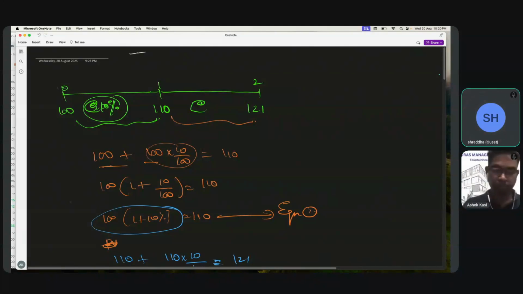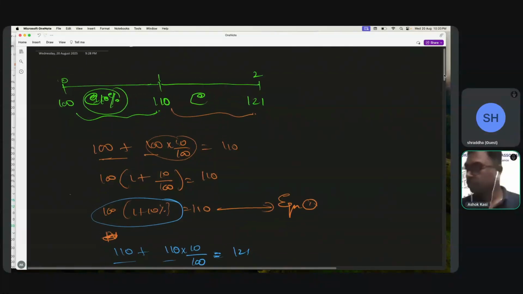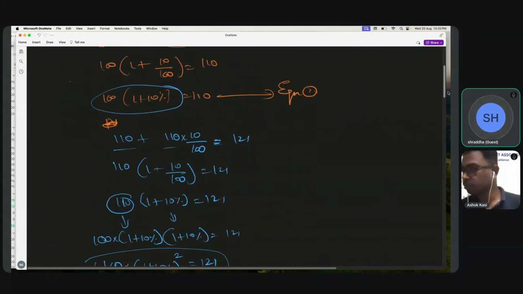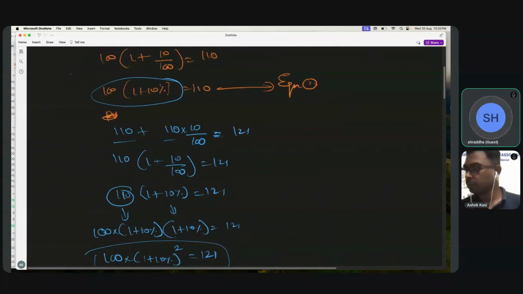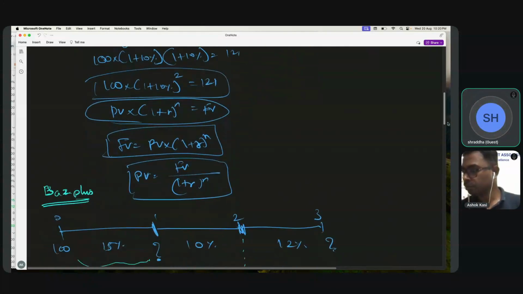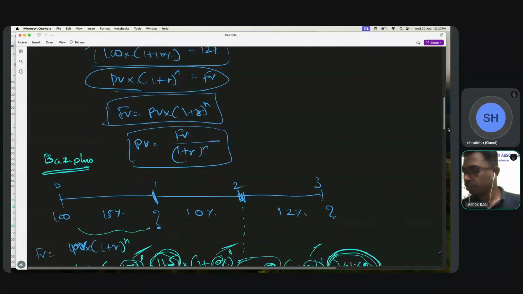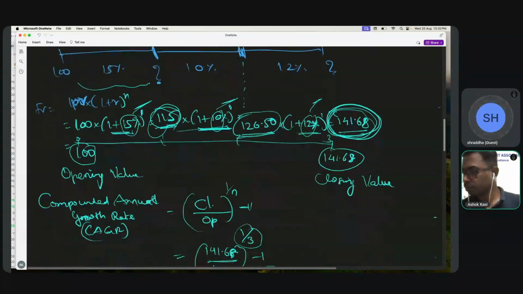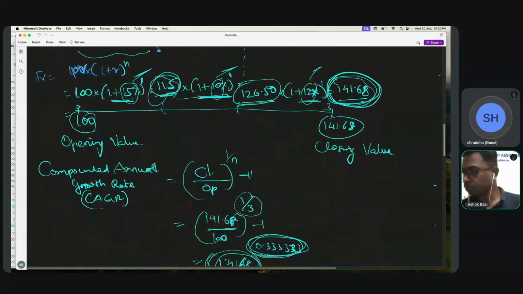So can you scroll down, just to the part where we related this future value sum to the CAGR. Yeah, this.